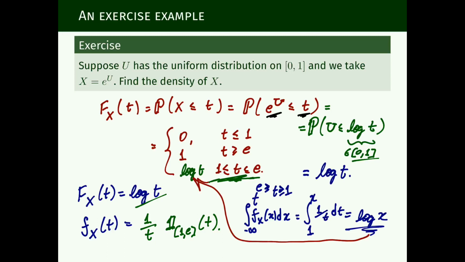We computed the cumulative distribution function of the variable X. Then we took the derivative of this function. We found what should be the density related to this cumulative distribution function. And to check that this is indeed the density, we integrate from minus infinity until t and see what it gives.